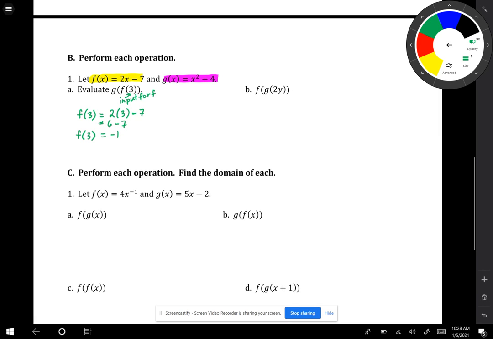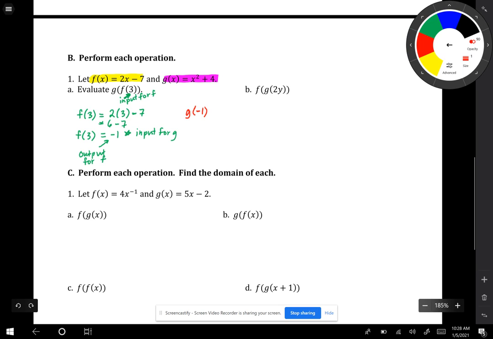And so this will be your input for g. So g of negative 1. It's kind of like you have input, output for f, and then that becomes the input for g.